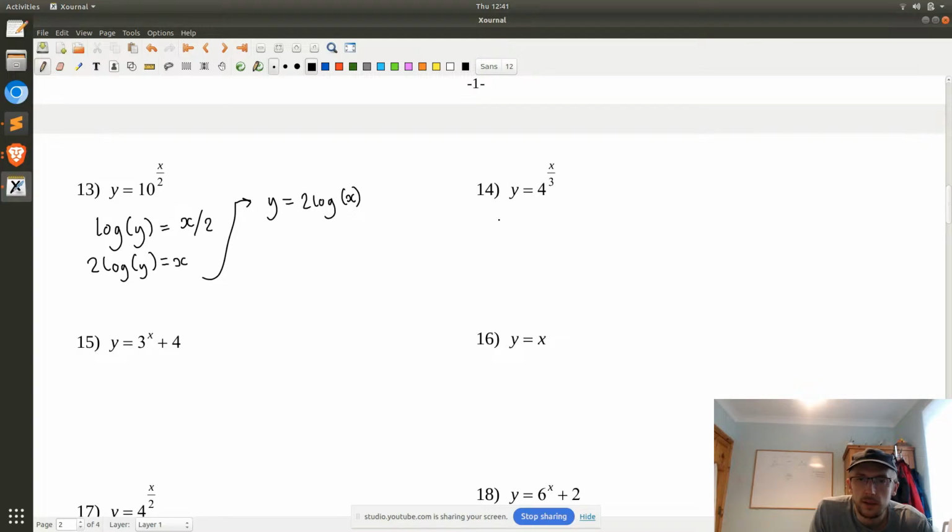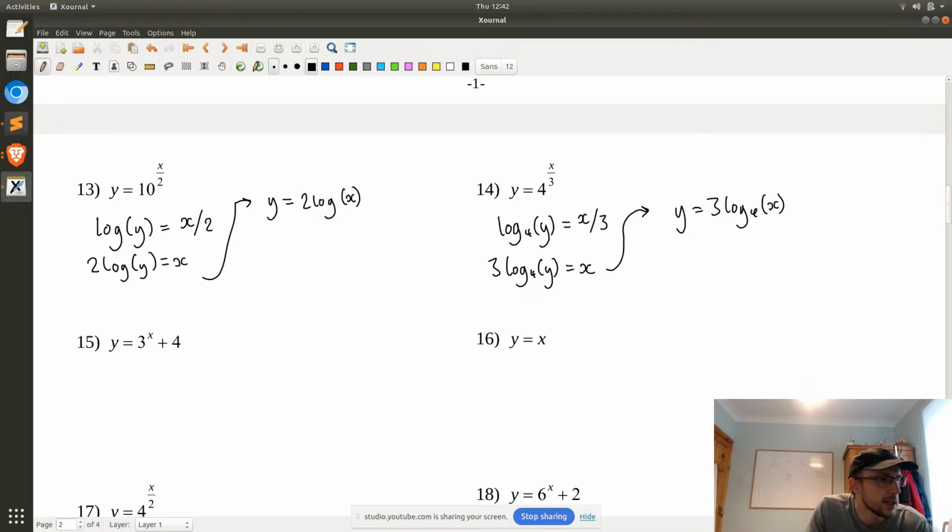Take logs of both sides, but log base 4. And times both sides by 3. And swap the variables. So y is equal to 3 log base 4 of x. And check.